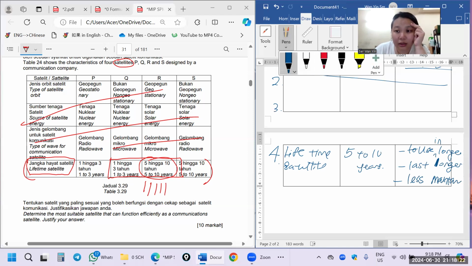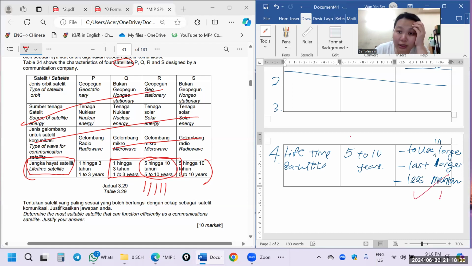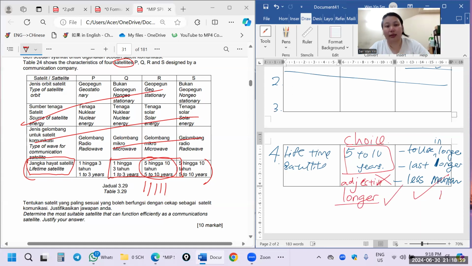So actually your reason will get 1 mark, but for your choice you will get it wrong. So be careful, when there is a number, you must make it an adjective. If you write 5 to 10, sorry, wrong. But if you say longer, yes, you will get it correct. Understand?